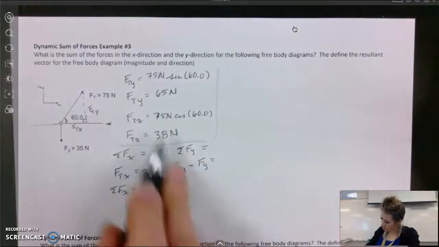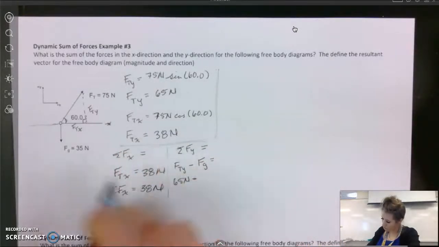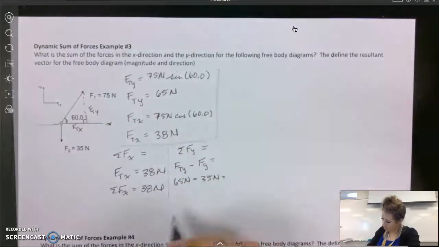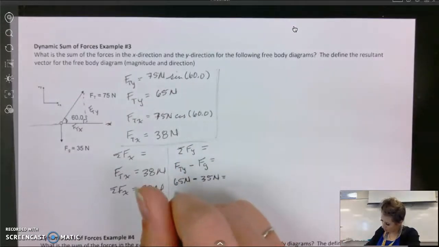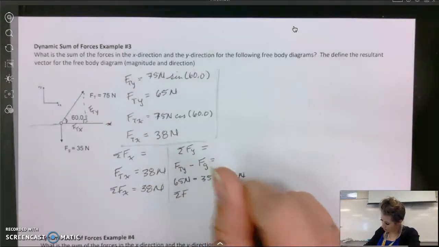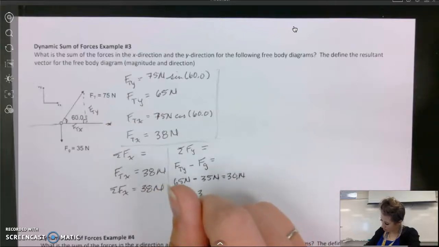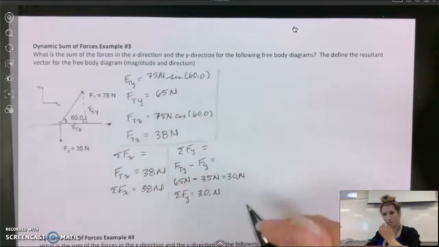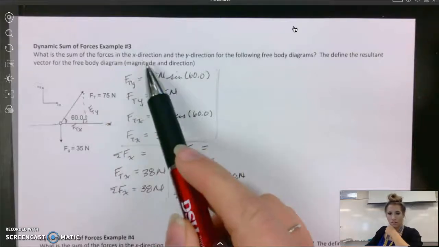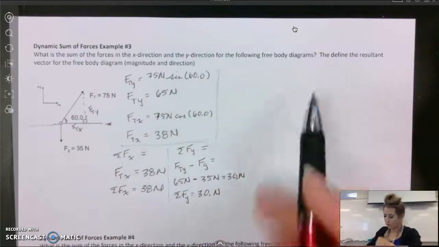So the tension in the y is 65 newtons minus our force due to gravity, which is 35 newtons. Okay. So we end up with sum of the forces in the y direction going to equal 30 newtons. Okay. So we found the sum of the forces in the x direction and the y direction. Now we're going to define the resultant vector of the free body diagram.